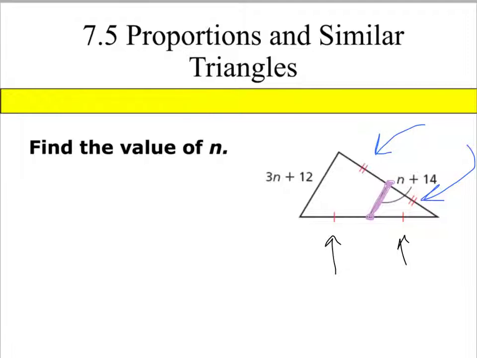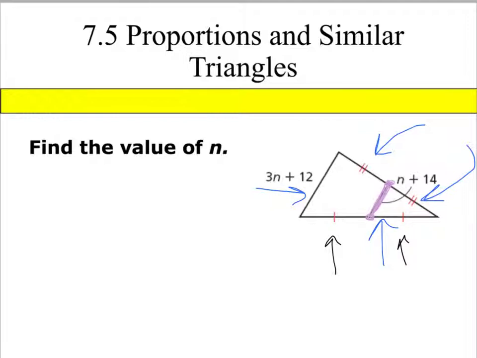All right, so now when you set that equation up, remember, that mid-segment is going to be half of the original segment. So here's our mid-segment right here. Here's our original, the base of our triangle, or the original side of a triangle.